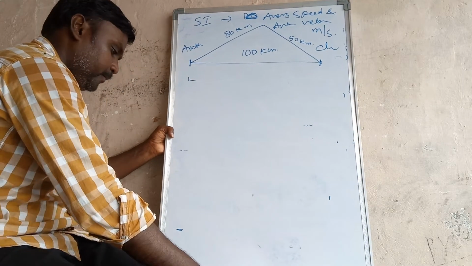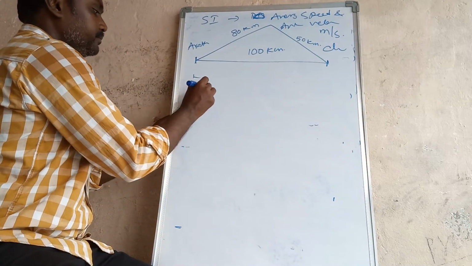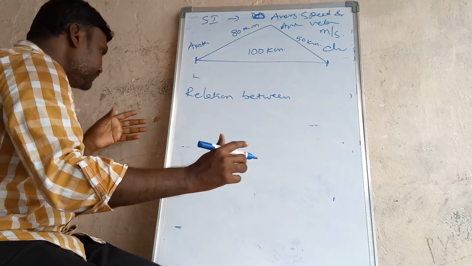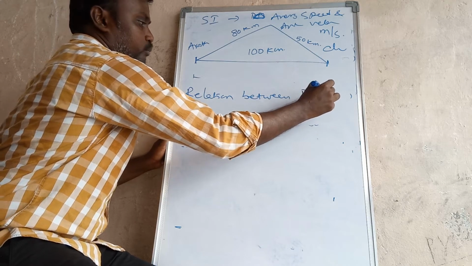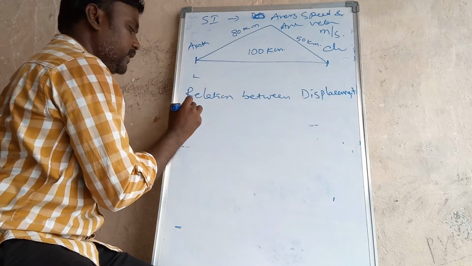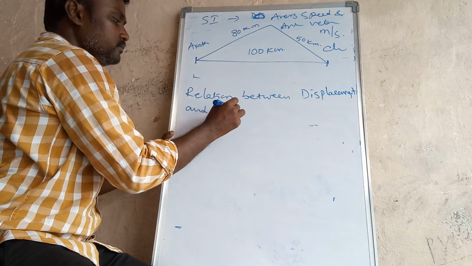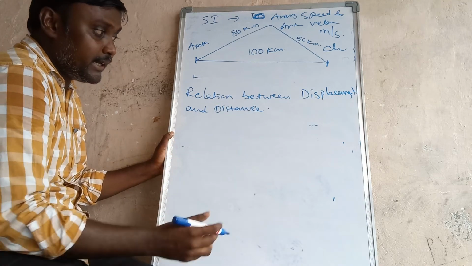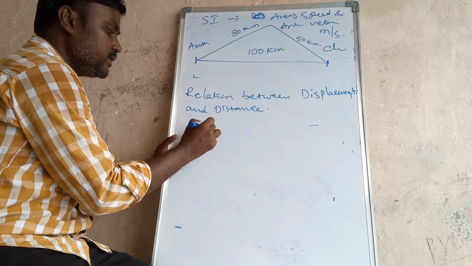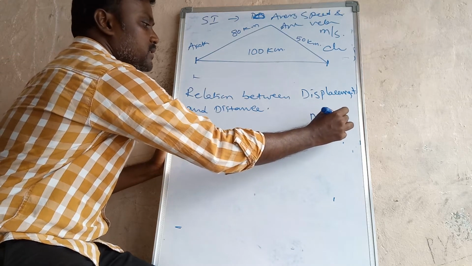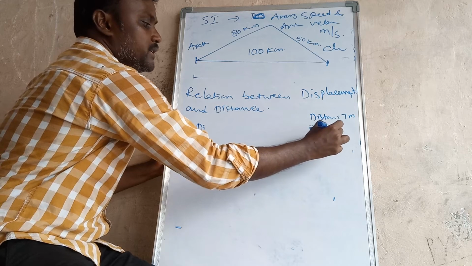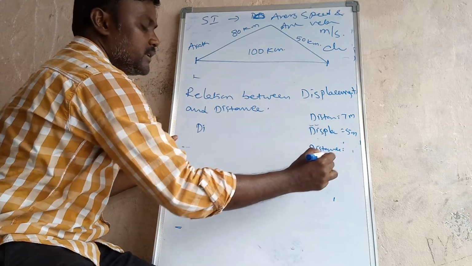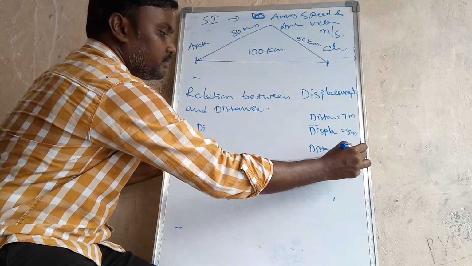What is the relation between displacement and distance? In the 3 examples I gave, if you observe, in the first example distance is 7 meters and displacement is 5 meters, and in the second example distance is 200 meters and displacement is 0.